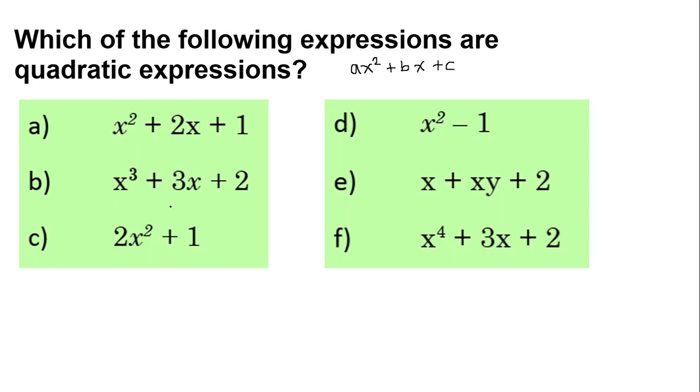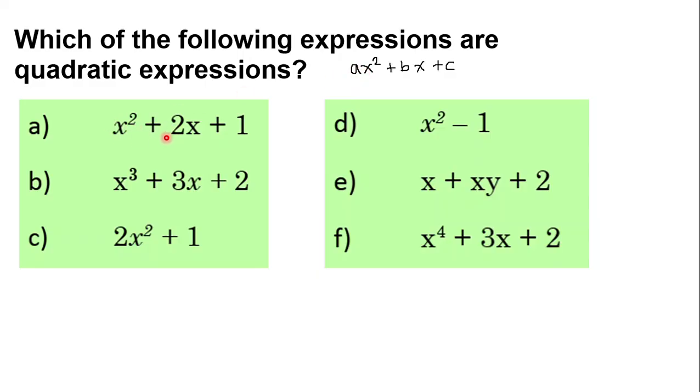So that's the general expression of a quadratic expression. Let's analyze each of these expressions and see what a, b, c are. Remember that a, b, c are supposed to be real numbers, and a must never be equal to 0.